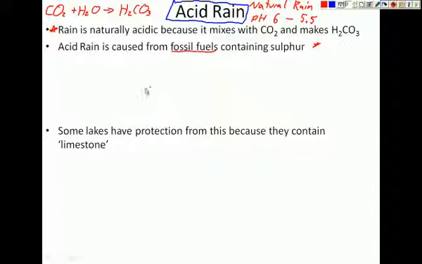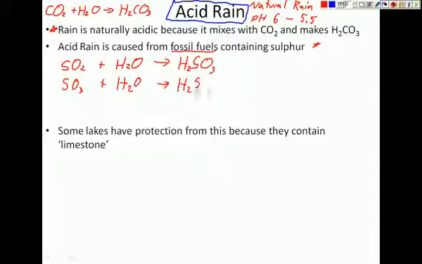These factories put something like SO2 into our atmosphere, and it combines with the water in our atmosphere to make H2SO3, or sulfurous acid. Or maybe a factory releases some SO3, which combines with water and makes H2SO4, which is sulfuric acid, a strong acid.